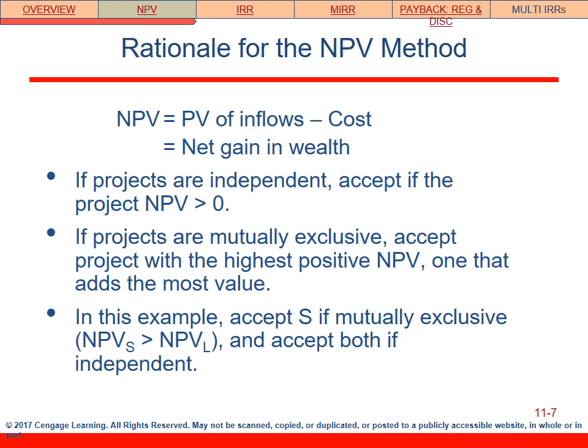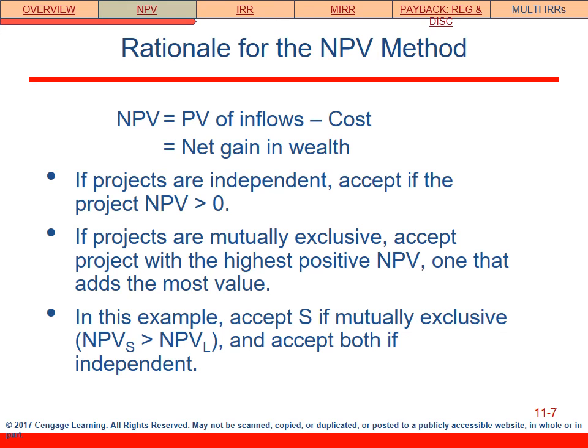But when projects are mutually exclusive, that means they are competing against each other, we're going to accept the project that rises to the top, the one that has the highest positive net present value. That's going to be the one that adds the most value to the firm. So we'll accept that one, and all the others will be eliminated from consideration.